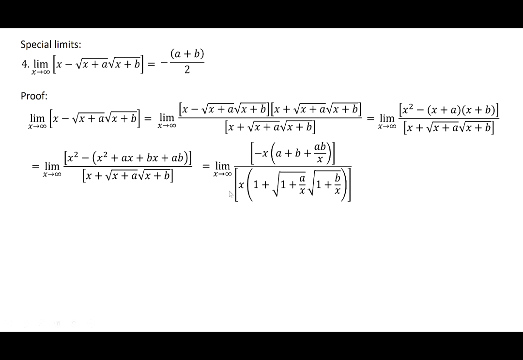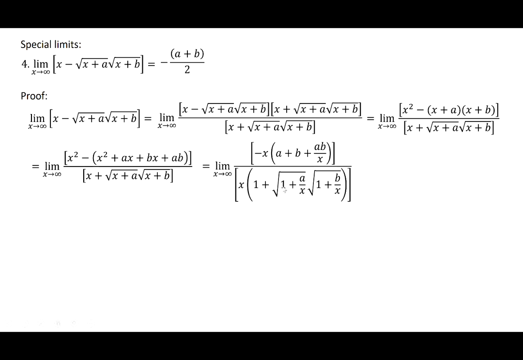So the x's go away, and ab over x goes to 0. a over x goes to 0, b over x also goes to 0. So we have 1 plus 0 times 1 plus 0, square root of, which is just 1 times 1 is 1. So 1 plus 1.